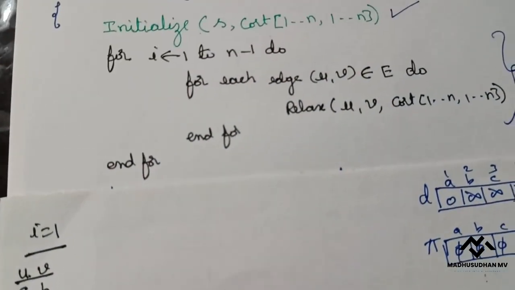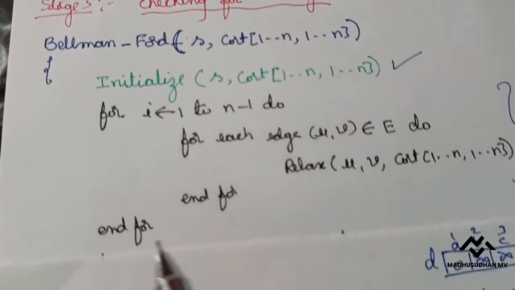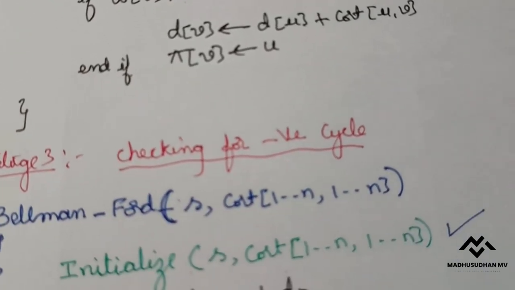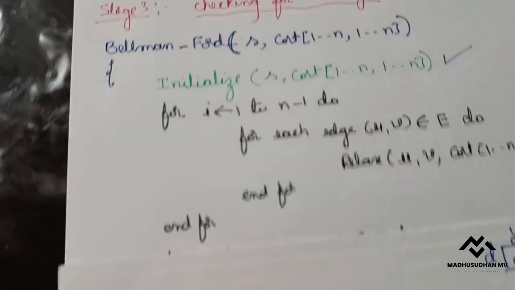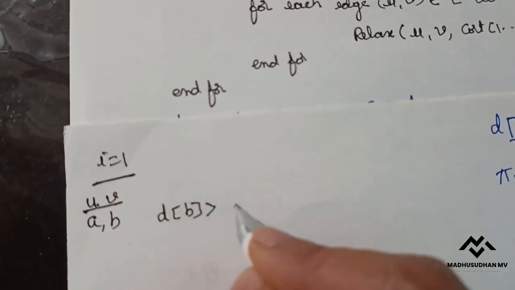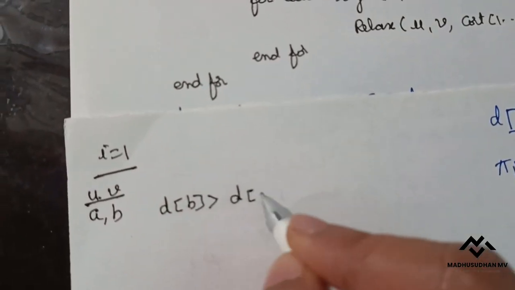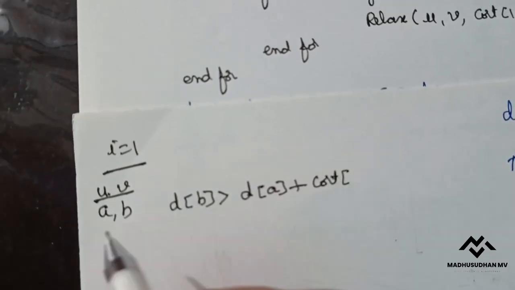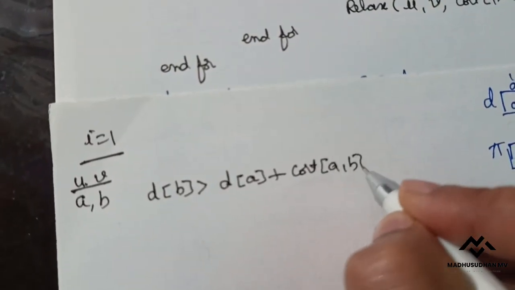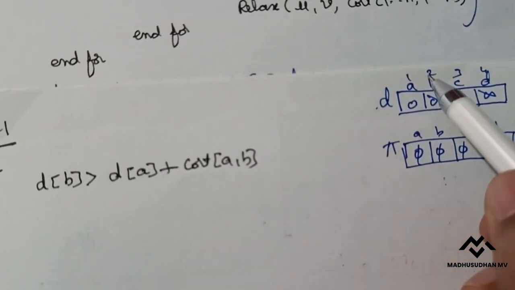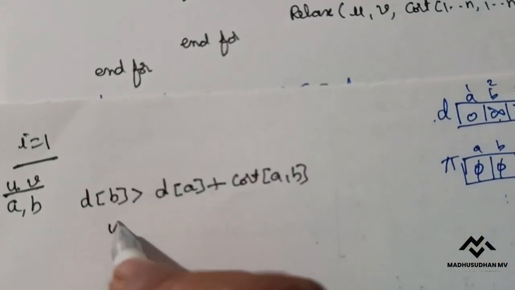Now again the same formula. What is the condition we used? Distance of V, which in place of V is B. Distance of B greater than distance of U, that is distance of A, plus cost of A to B. Distance of B is infinity.